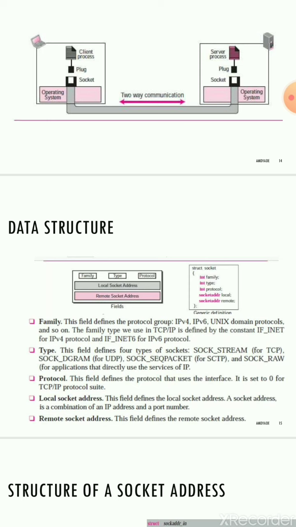The second parameter is type. What does this type define? It defines which type of socket we are using to send and receive data. It may be UDP, it may be TCP, it may be HTTP, or it may be raw. Actually there are four different types defined. I can zoom in on this.